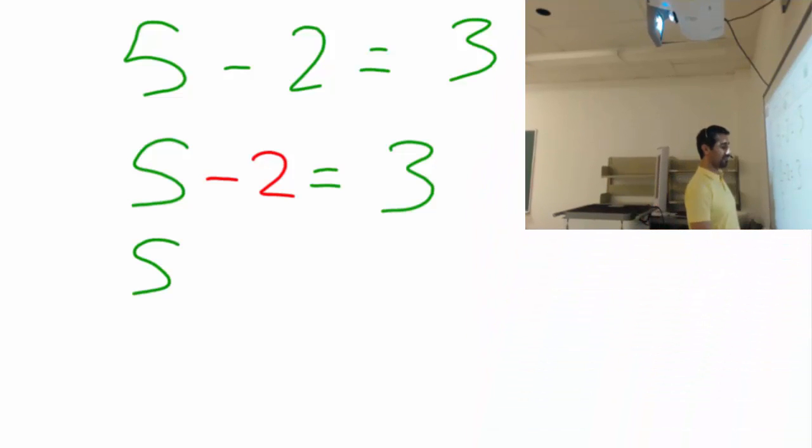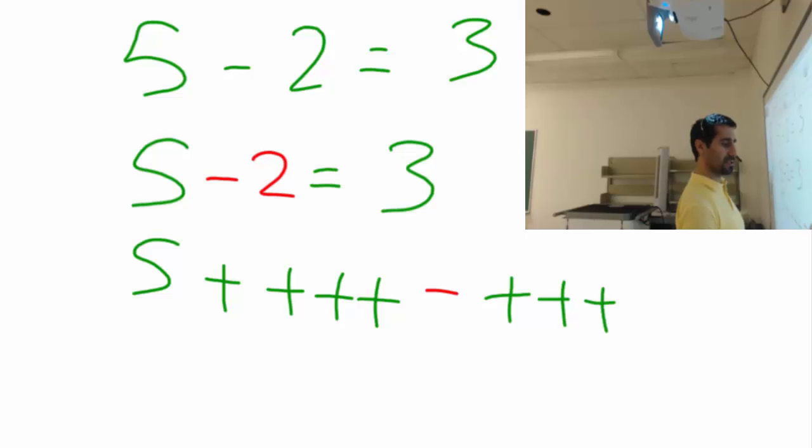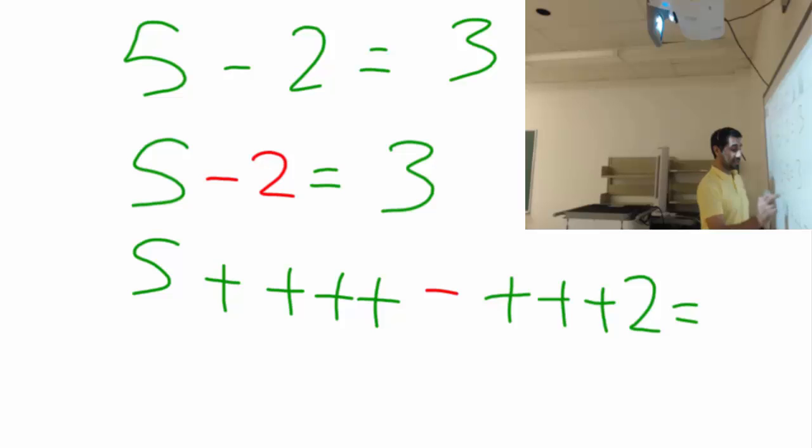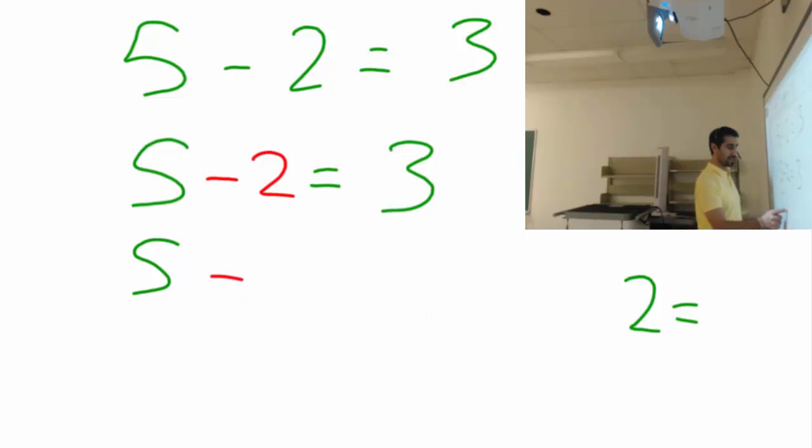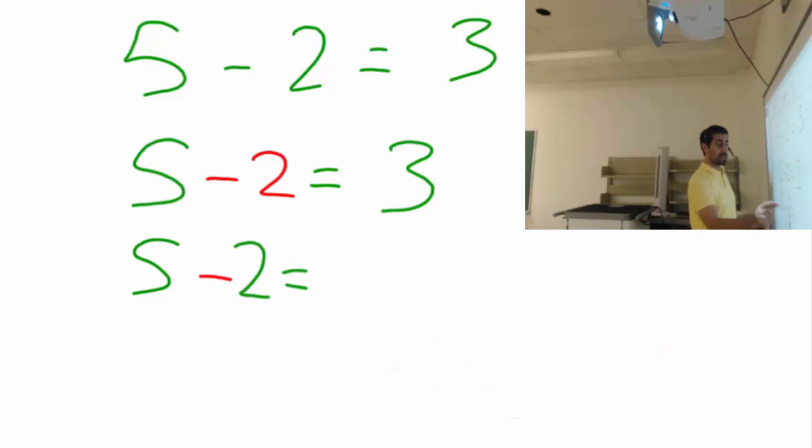So 5 plus plus plus plus minus plus plus plus 2 equals? What is the answer of this question? There are many signs here. First, let me start by ignoring the plus signs. When I do that, let's bring this here. Again, I'm going to end up with 5 minus 2, which is once again 3.